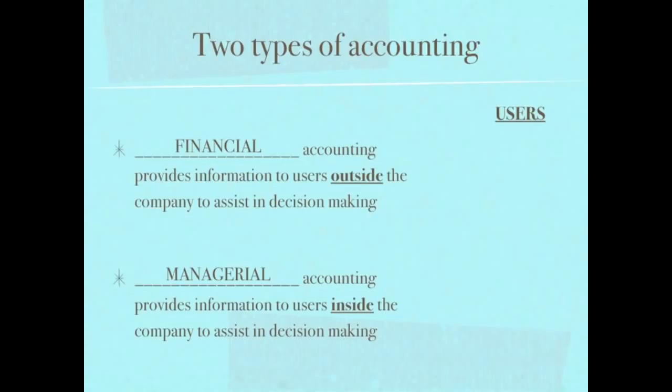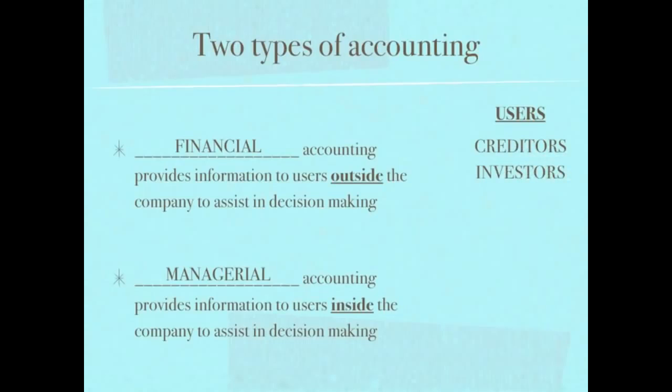So now we'll talk about users of these specific types of accounting information. The first one, financial accounting information, users of this type would be creditors. People lending you money or a company money. They would need to know how financially secure are you for me to be able to lend you money. The second would be investors, which we mentioned before.